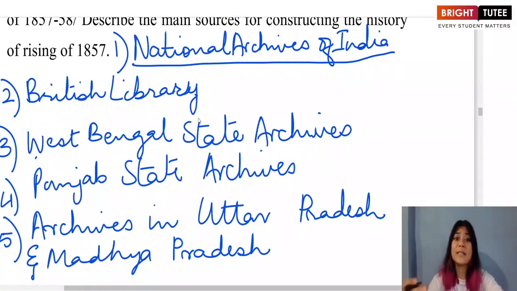For example, for the National Archives of India, please add the list of mutiny papers, foreign department, home department, etc. In the British Library section, you can write the papers related to Kaye, the parliamentary papers, etc. In a similar manner, you can add little or more information depending on the marks associated with each question in your answer.